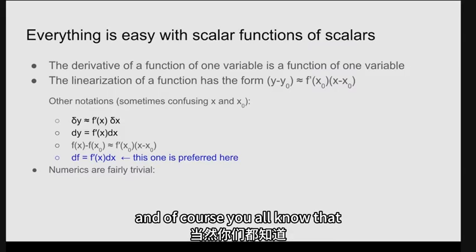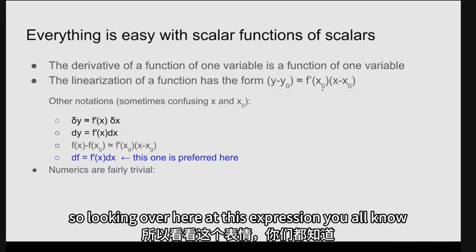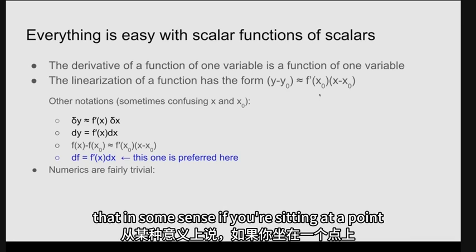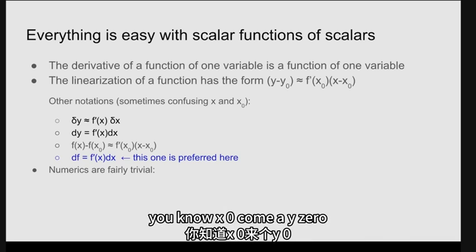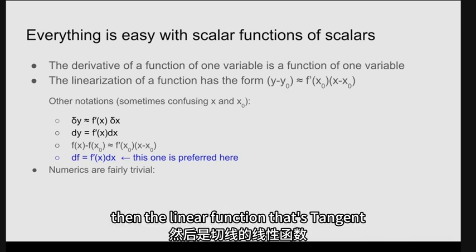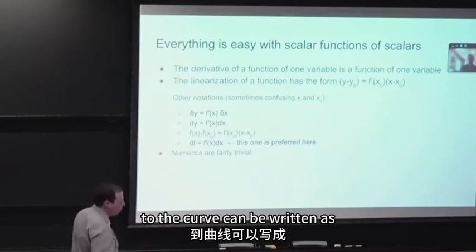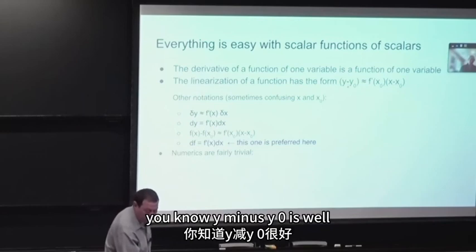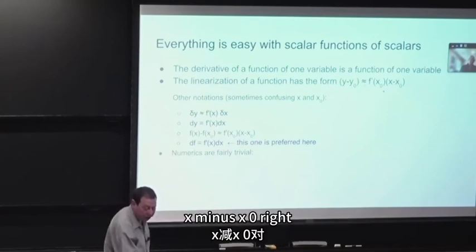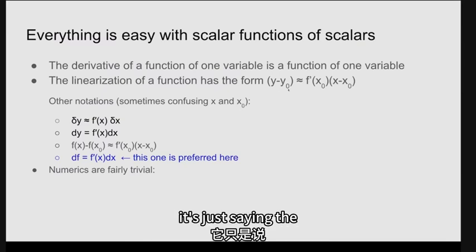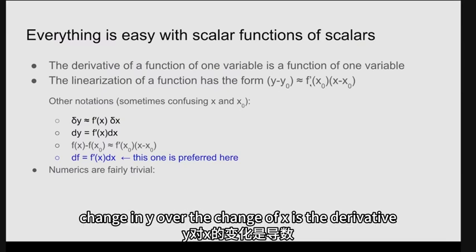And of course, you all know that. So looking over at this expression, if you're sitting at a point x0, y0, then the linear function that's tangent to the curve can be written as y minus y0 equals f prime of x0 times x minus x0, right? So if I put this down in the denominator, it's just saying the change in y over the change in x is the derivative.